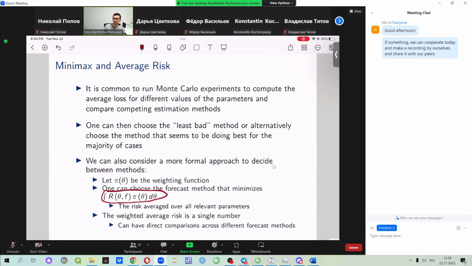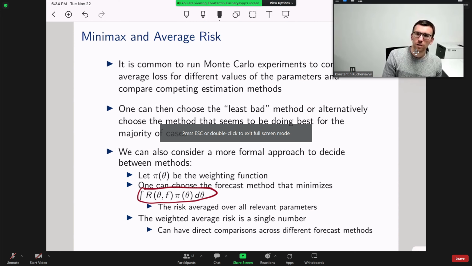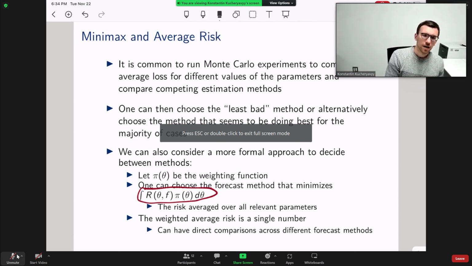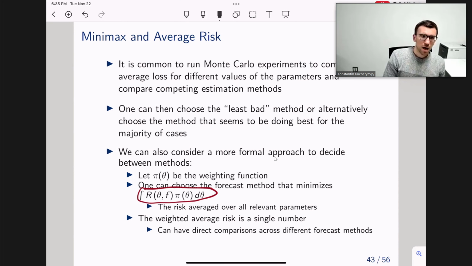If you're a hardcore frequentist, then you never use the Bayesian approach. If you're a hardcore Bayesian, you never use the classical approach. But what do you do practically, right? Practically, ultimately, the question is which method is simpler and which method would give you better guidance in making decisions, better forecasts. And it depends.